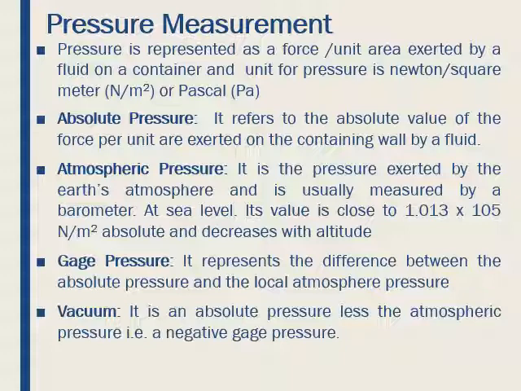At sea level, its value is very close to 1.013 × 10^5 Newton per meter square absolute, and decreases with altitude. Gauge pressure represents the difference between absolute pressure and the local atmospheric pressure. Vacuum pressure is an absolute pressure less the atmospheric pressure, that is, a negative gauge pressure.